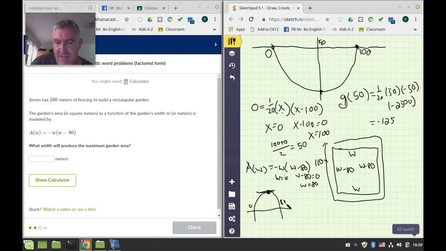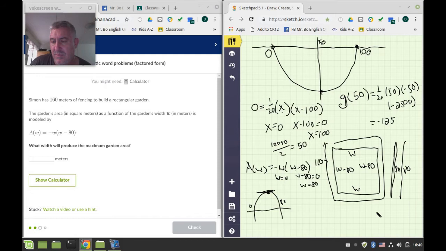So at 80, the area is 0, and at a width of 0, the area is 0. And why is that? That's because if we have a width of 0, we just have a line. We have one line with two sides. So really it's just one line with a width of 0, and it has two sides, and each side is 80, but the area here is 0.